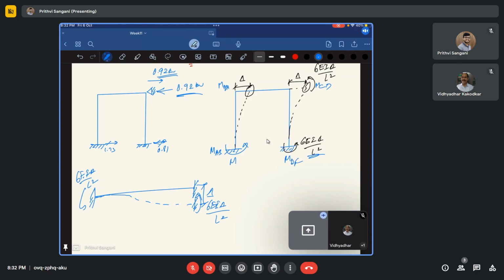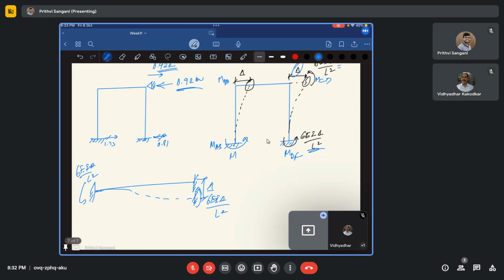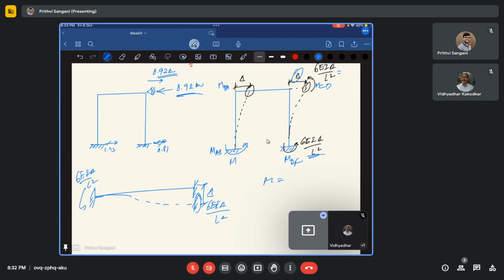Okay. So because of this delta, I'm getting the fixed end moments as M, and I'll assume some value initially. For now I'll assume M as, let us say, 100 kilonewton meter.